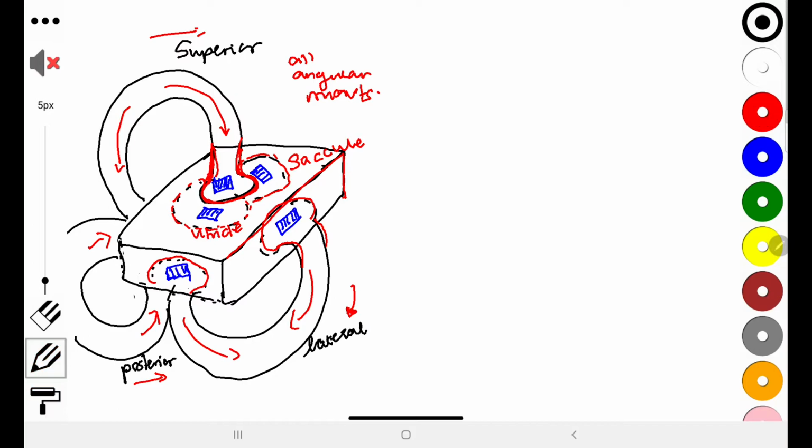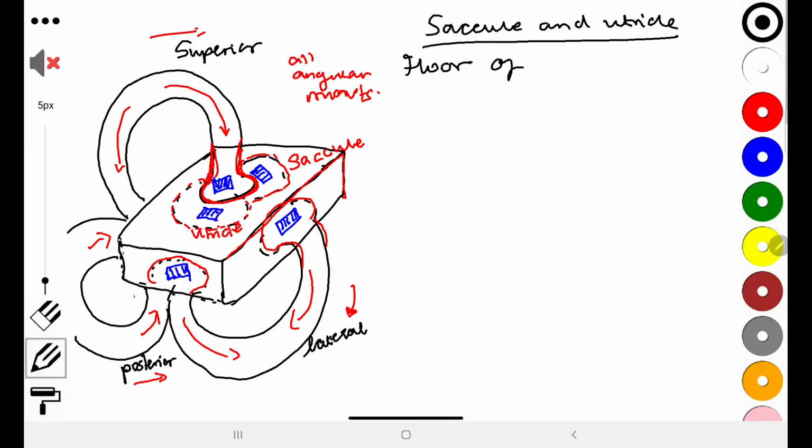So starting with the saccule and the utricle, what we want to say is these are found on the floor of the bony part.